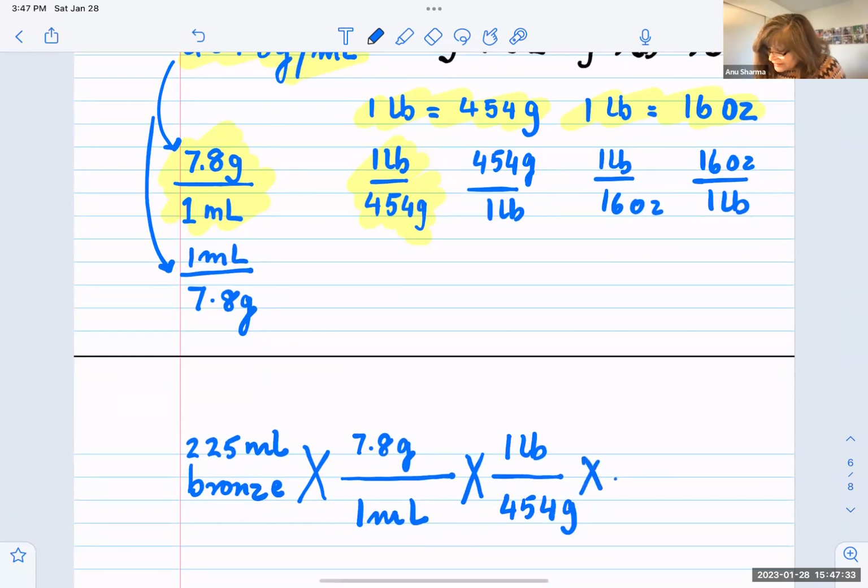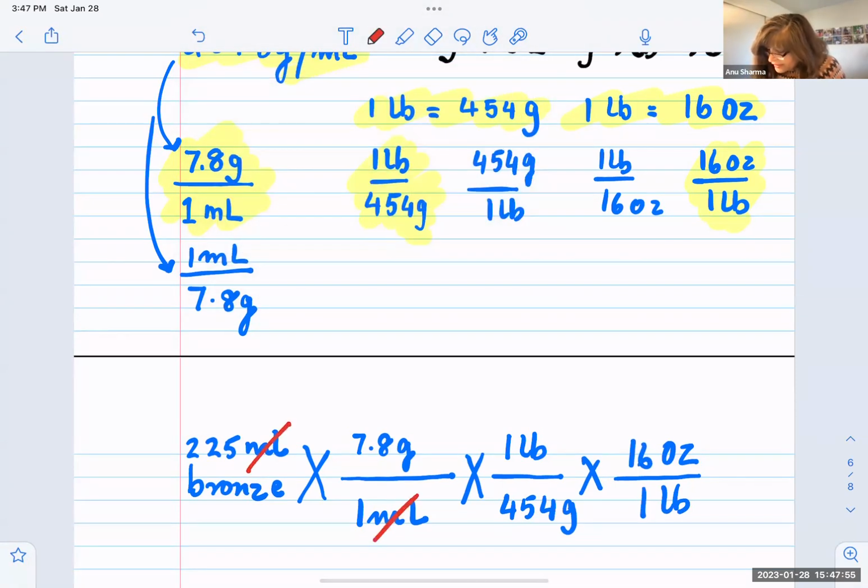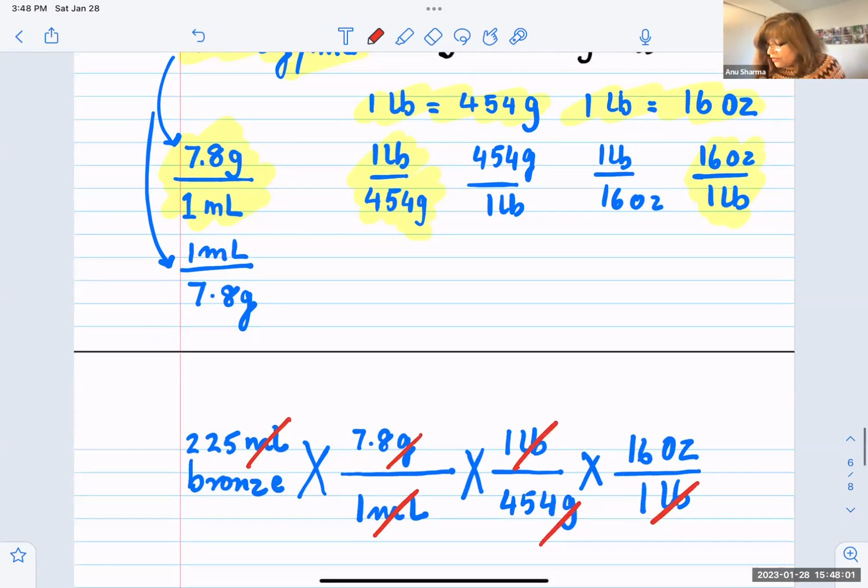Next we still need to move further because the question is asking us for the ounces. So ounces on the top, pounds at the bottom. We will use this one, 16 ounces over 1 pound. If you look at it diagonally, milliliters cancel out, grams and grams cancel out, pounds and pounds cancel out, and you're just left with the unit of ounces.